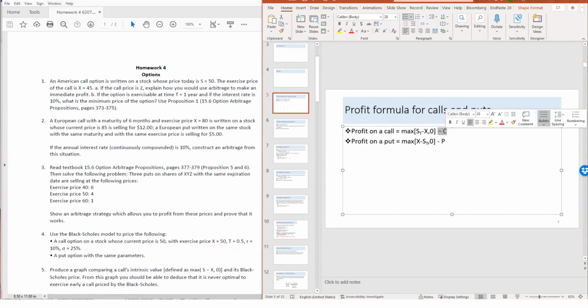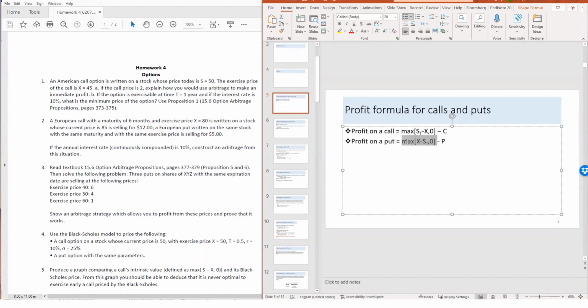So the cost for buying the call option. So you need to subtract C here. C here represents the option price. And the profit on the put will be this max function bracket exercise price minus the stock price, whichever is higher, either 0 or X minus the stock price.